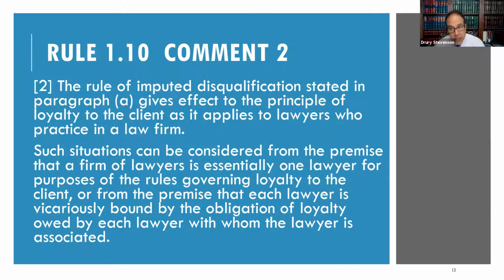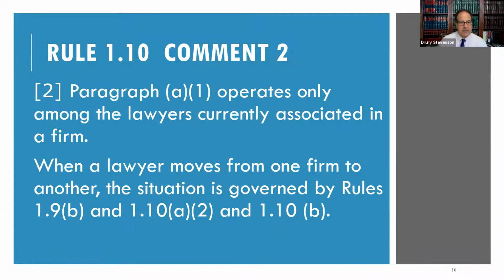Wow, that's a bunch of blah blah just to explain that, of course, we're going to impute. If one lawyer has a conflict, we have to worry about whether the other lawyers in the firm will be tainted by that conflict. Now, this paragraph A1 operates only among the lawyers currently associated in a firm.